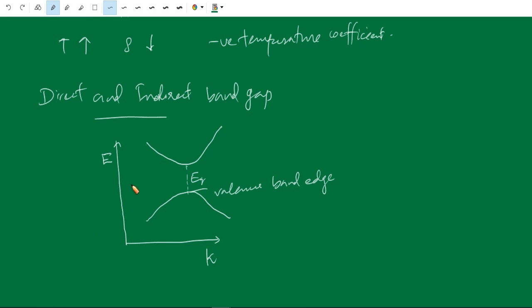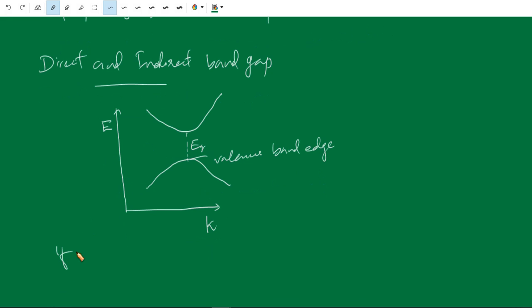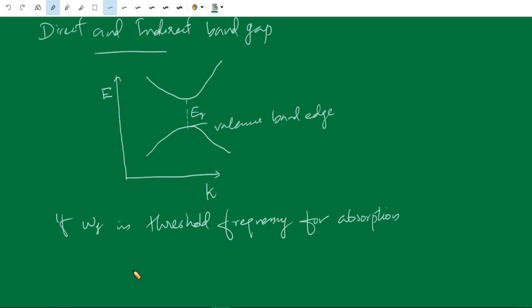If omega g is the threshold frequency for absorption of photons, then the corresponding band gap energy is Eg equals h cross omega g. If the frequency of the photon is greater than this frequency, it will be absorbed.